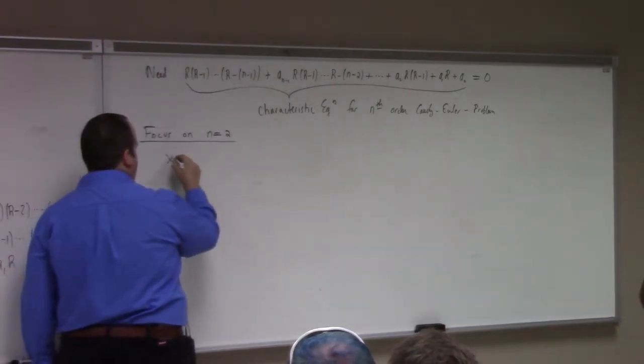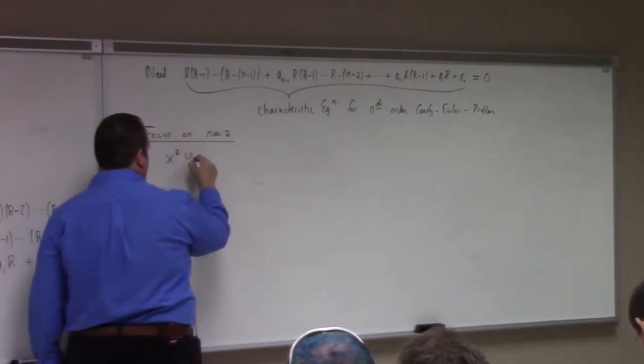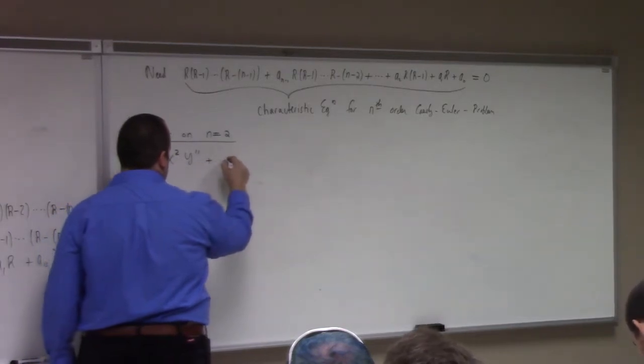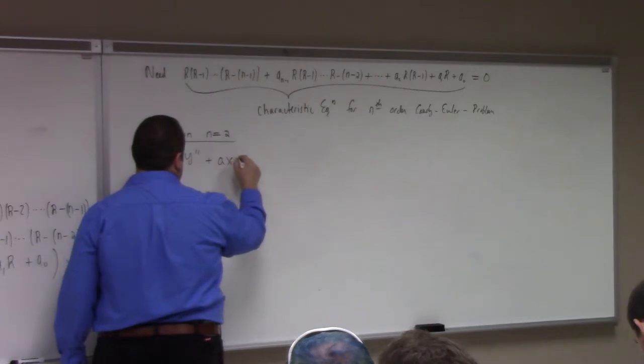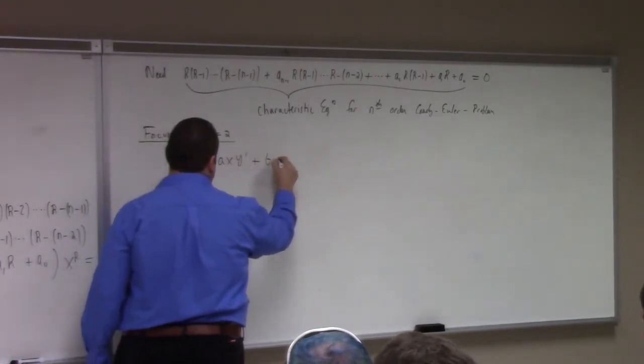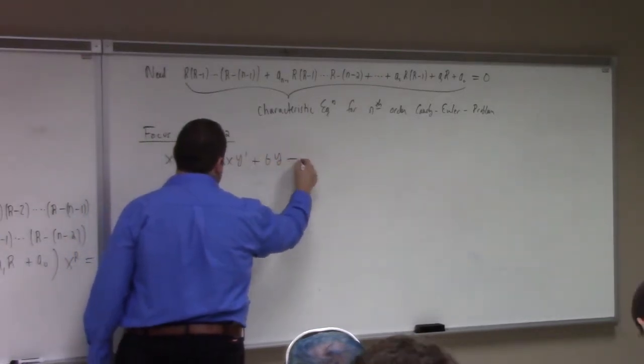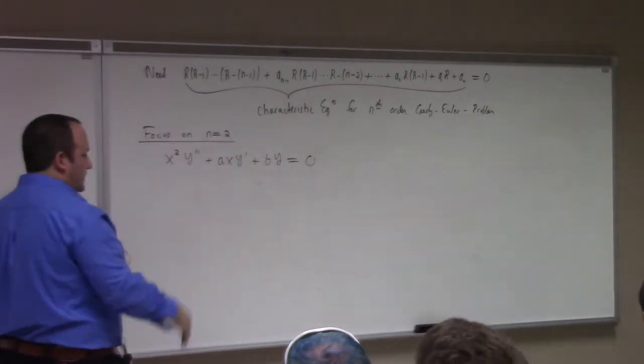So we would be facing x squared y prime prime plus, let's say, a x y prime plus b y equals 0. This is the n equals 2 Cauchy Euler problem.